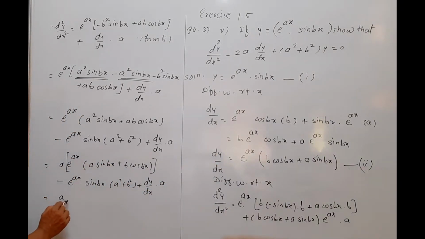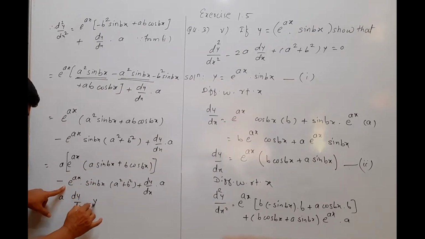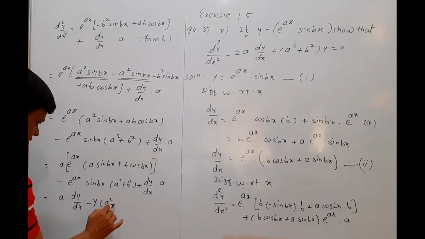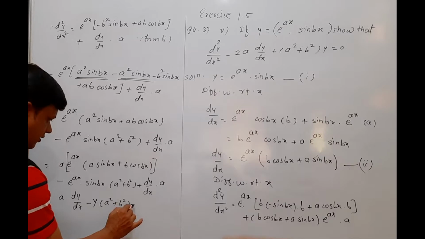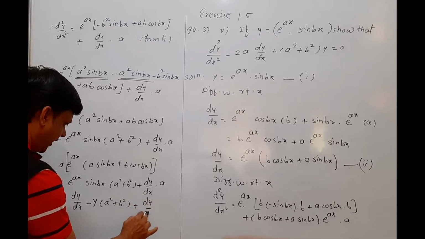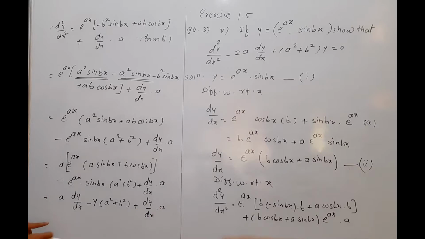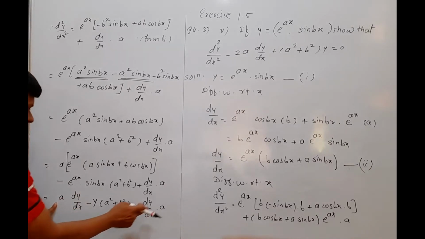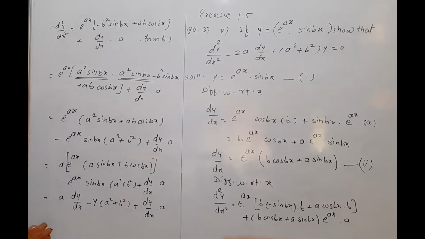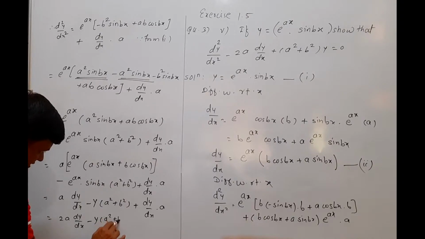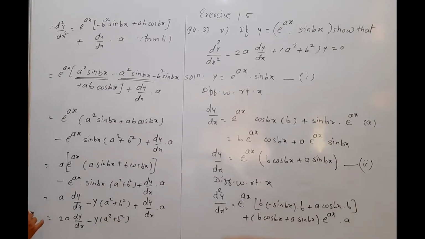So right here a into dy by dx minus y into a square plus b square plus dy by dx into a as it is. If we observe this, a into dy by dx and dy by dx into a are the same, so we add these two terms. So we get here 2 times a dy by dx minus y into a square plus b square, and this is the value of d2y by dx2.